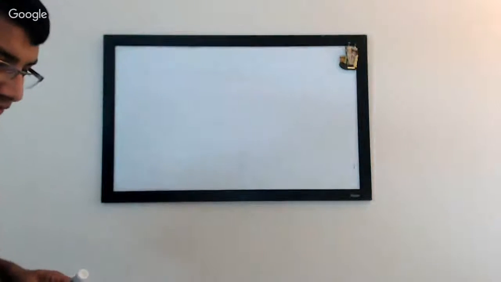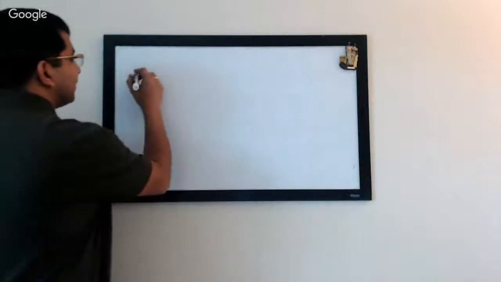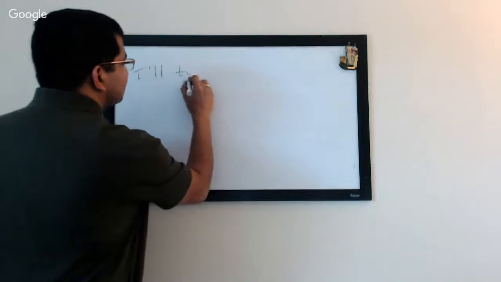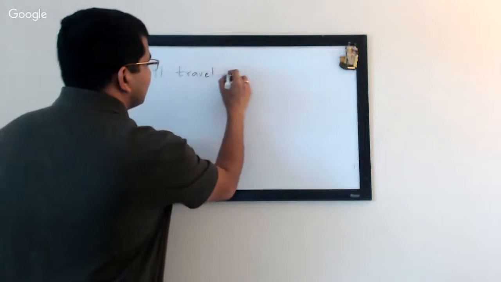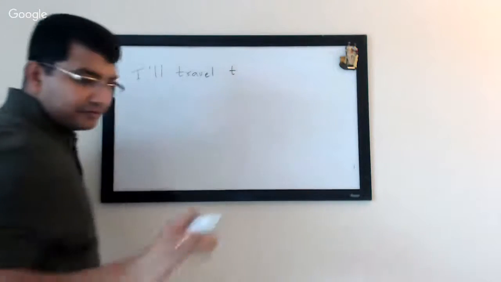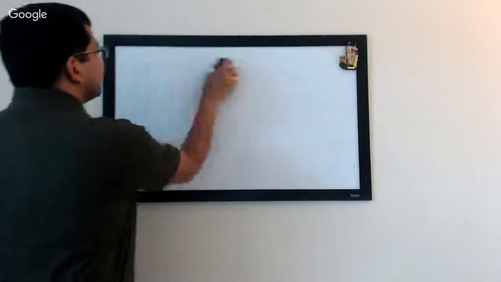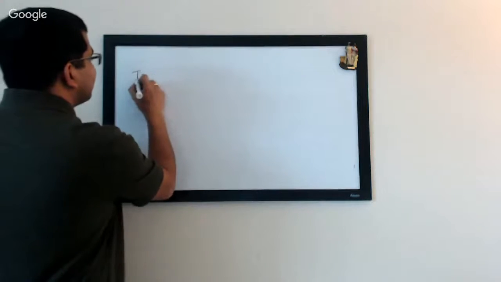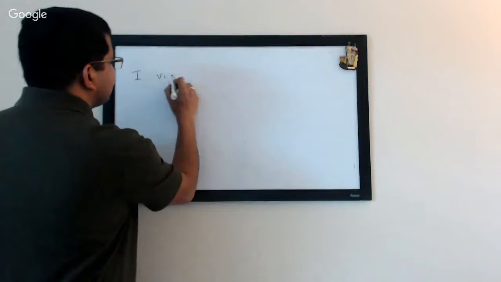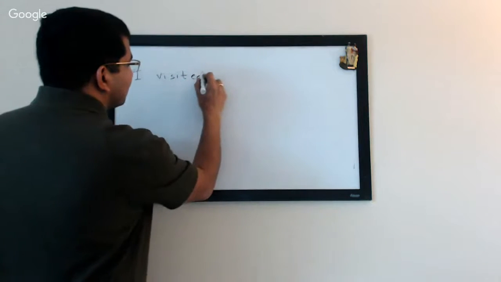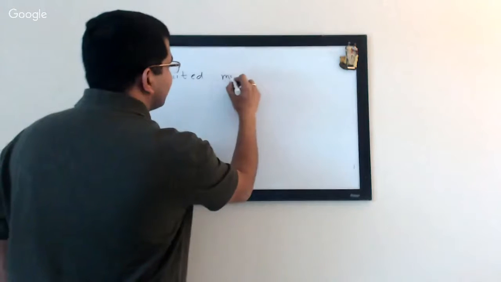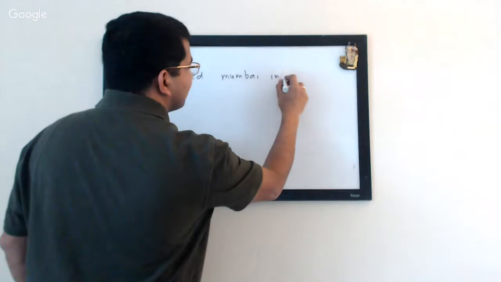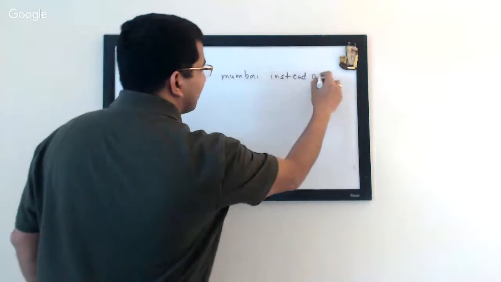This should be simple because we have been doing these kinds of sentences. So the next one, let's do a different tense actually. So I'll make it difficult. I visited Mumbai instead of Delhi.